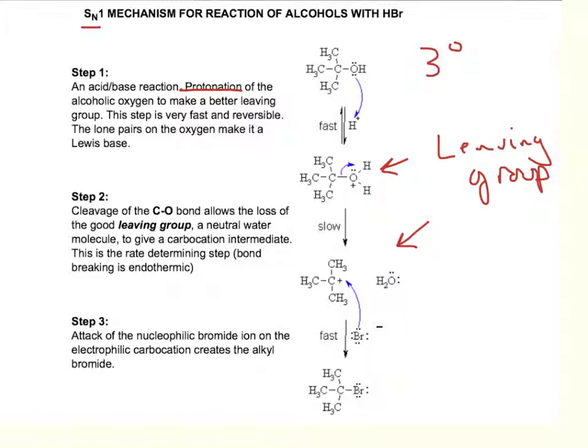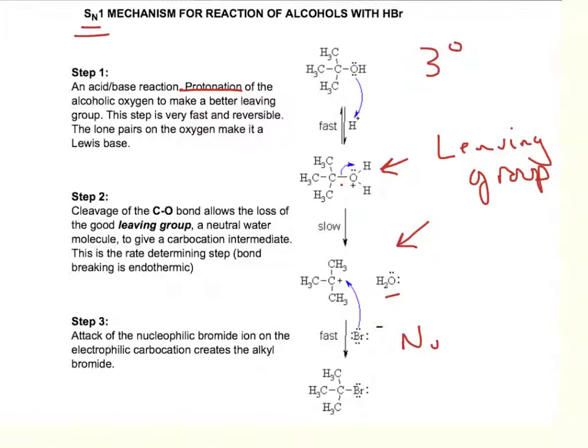It's a very good leaving group, and that's exactly what happens. This carbon-oxygen bond here cleaves, and the water is gone. That's where you see it right here. And what's left is a carbocation. This bromide ion, which is a nucleophile, attacks that carbocation and forms the bond. And that produces your alkyl halide. So this is what we call an SN1 mechanism.